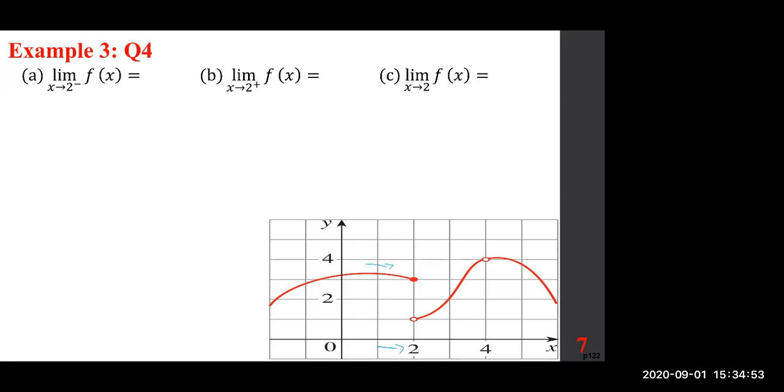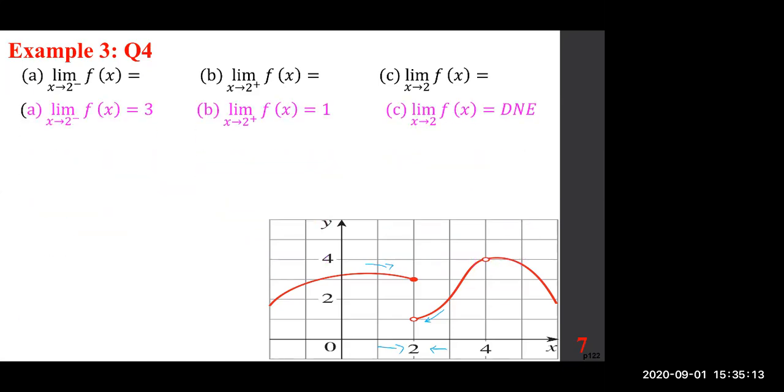And so clearly we are heading towards the solid point, which has y coordinate 3. And from the right, we are going this way. And that means we are heading towards the hole, which has a y coordinate 1. And therefore, the limit doesn't exist because the two are not identical, class. The two are not identical. Okay, it's very straightforward. We are repeating really the same question, if you will.